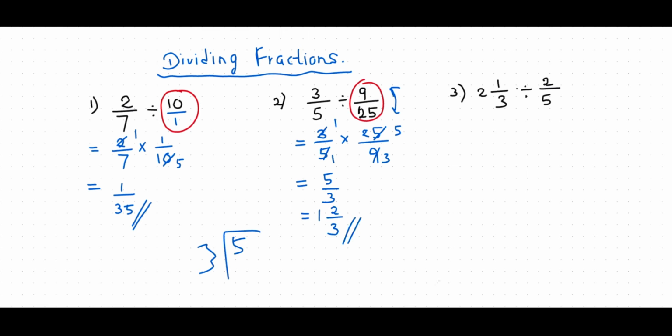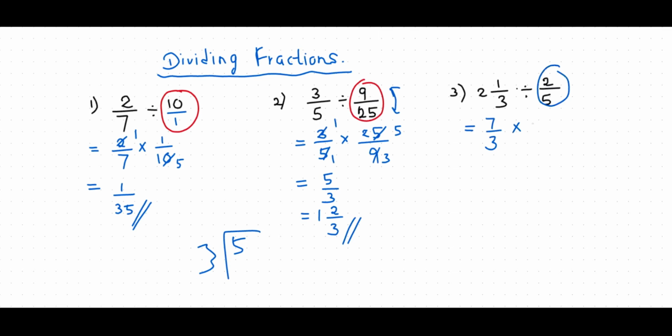The third one. There is a mixed number. Convert into an improper fraction. That is the first step. Before we turn the second fraction upside down, we have to convert mixed numbers to improper fractions. 2 times 3, 6, 6 plus 1, 7, 7 over 3. Then change the division into multiplication. Turn it upside down, 5 over 2.